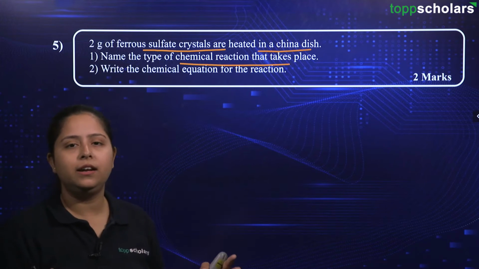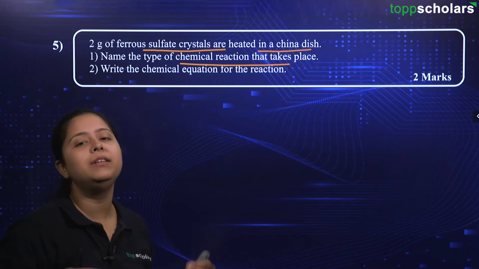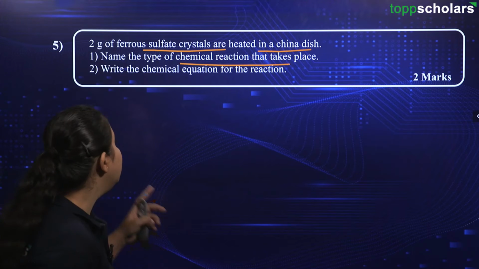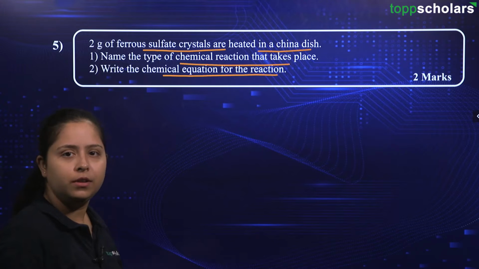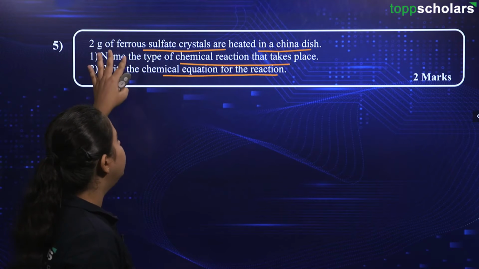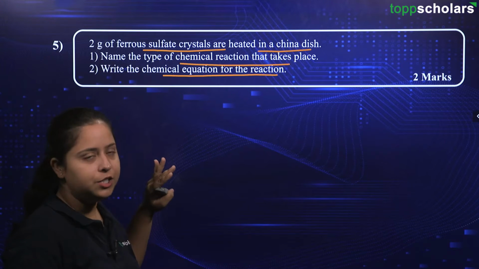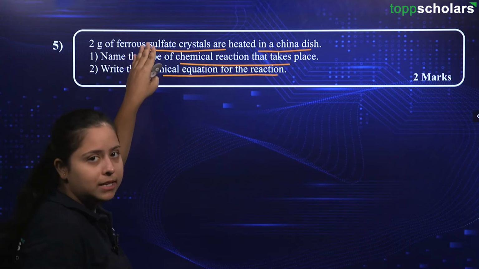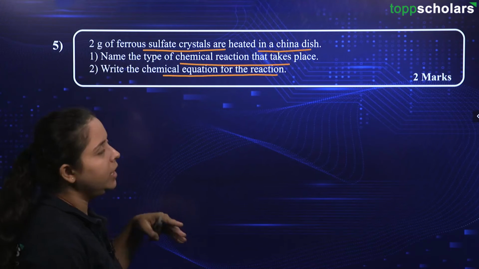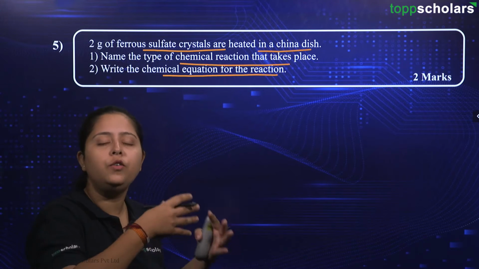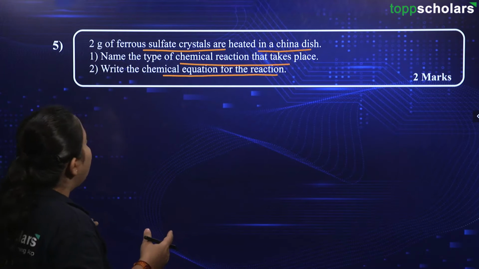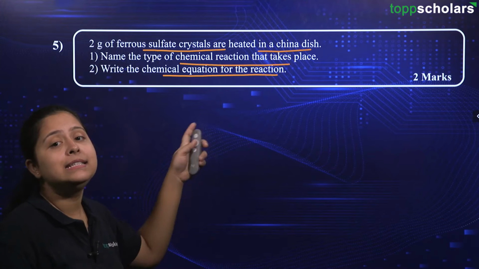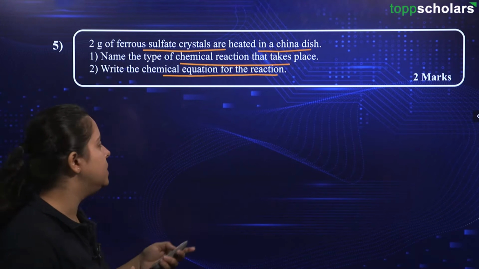First and foremost, the question asks to name the chemical reaction itself. Next is to write the chemical equation for the reaction. So you are given the sentence form of the reaction. You need to find out the name of the reaction, and then eventually what the reactant and the products will be. And obviously you should have a balanced chemical equation, that is understood.